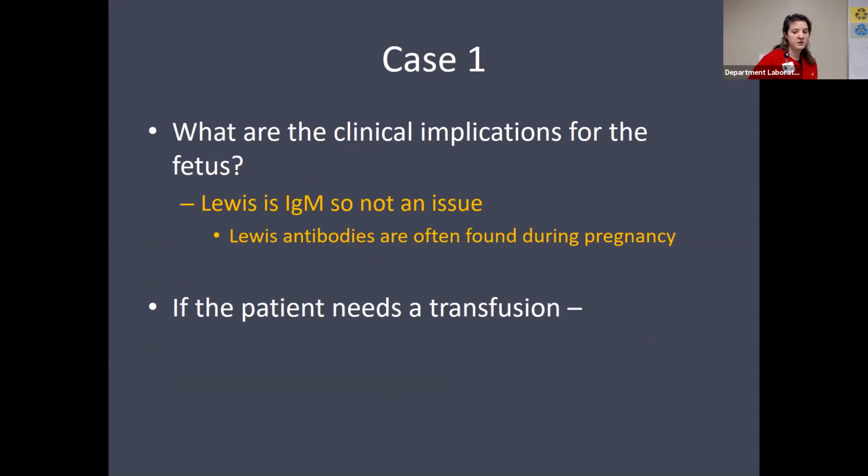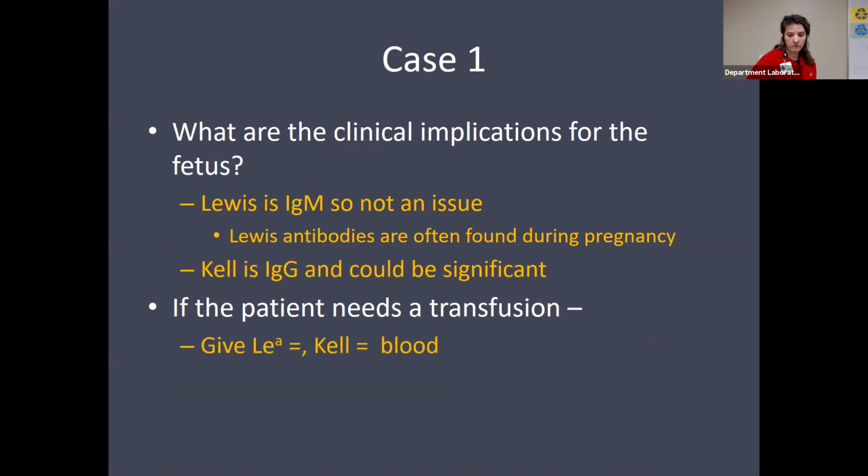If the patient needs a transfusion, what type of units will you give her? Kale negative blood. This one says Lewis A negative.